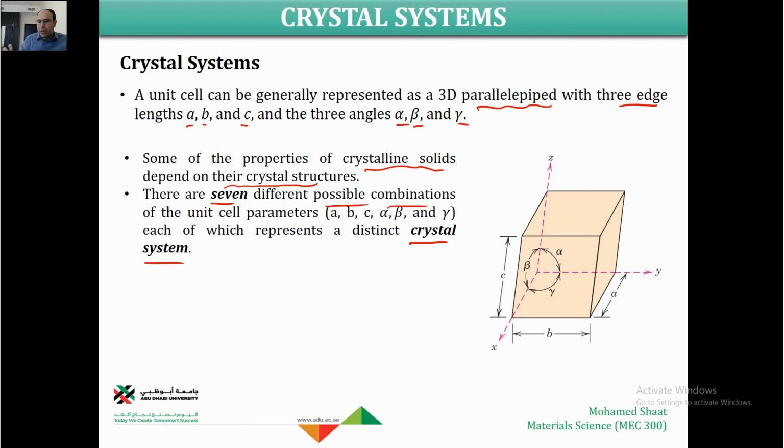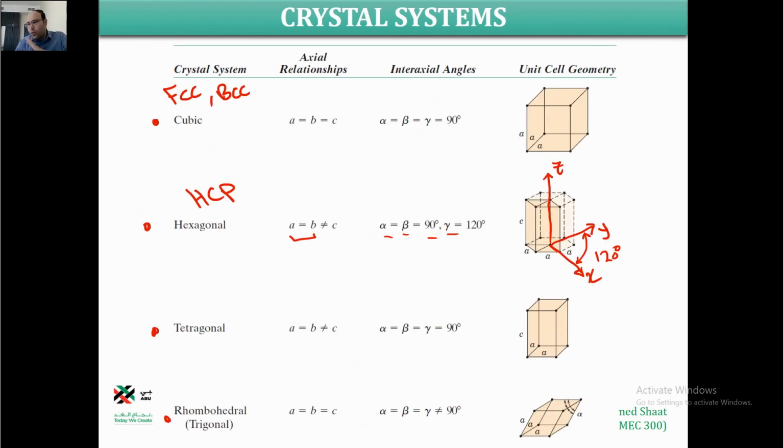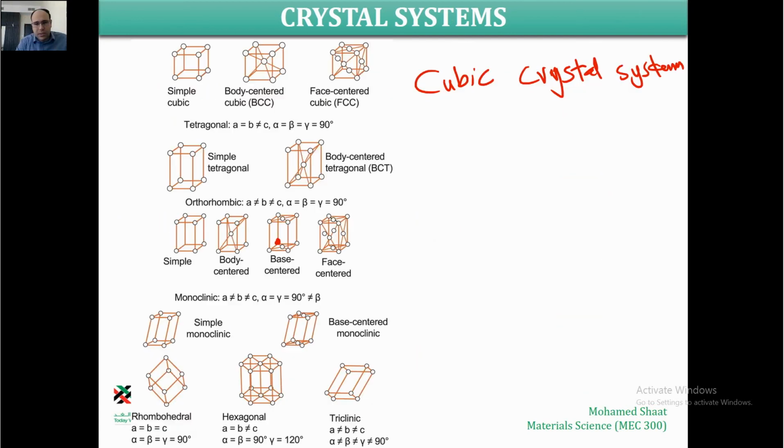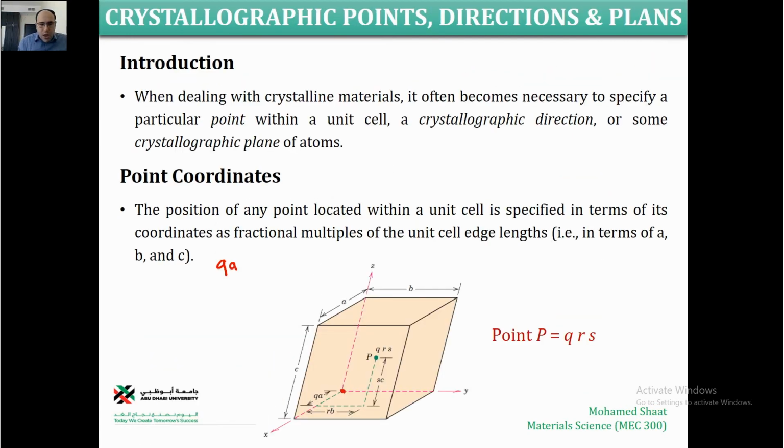What does it mean? It means that A belongs to the edge that is parallel to X, B is the edge that is parallel to Y, C is the edge that is parallel to Z for any one of these 7 crystal systems. So if you're standing here, how long are you going to move in terms of A? Half of it or the entire A? 3/4 of A, a quarter of A, it depends.